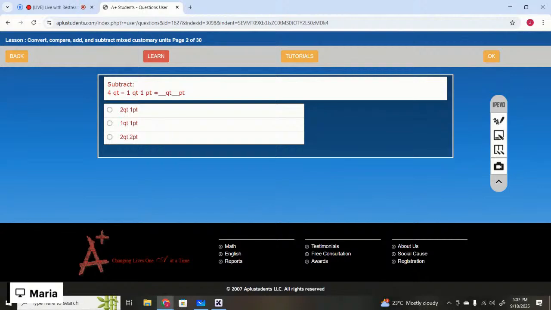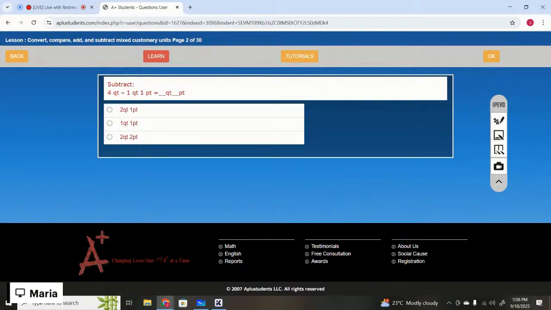Subtract 4 quarts minus 1 quart 1 pint. So you always have to subtract the same units, right?